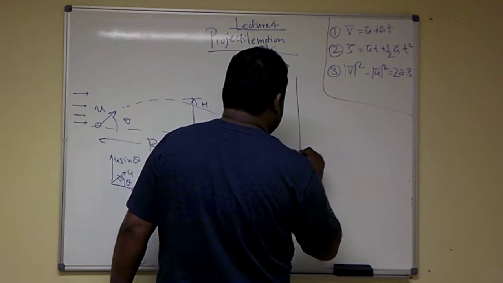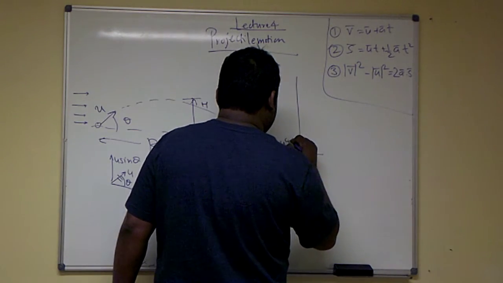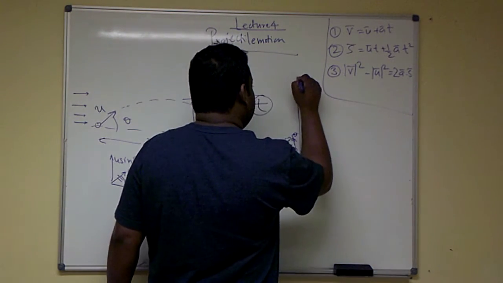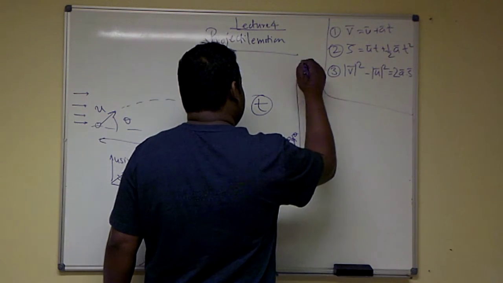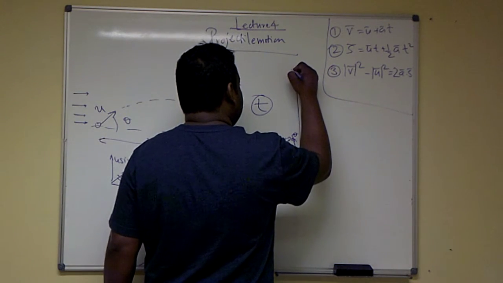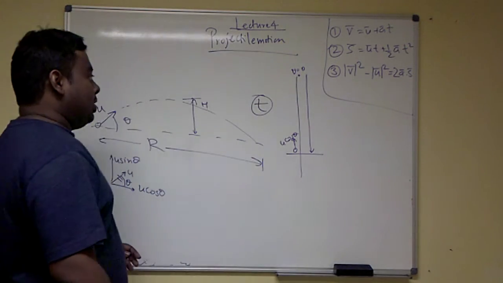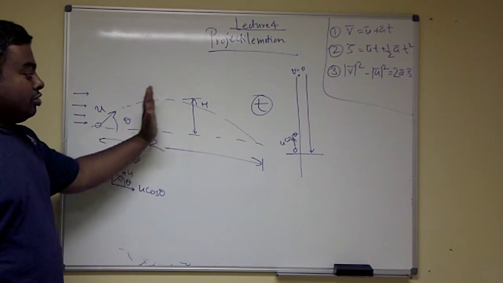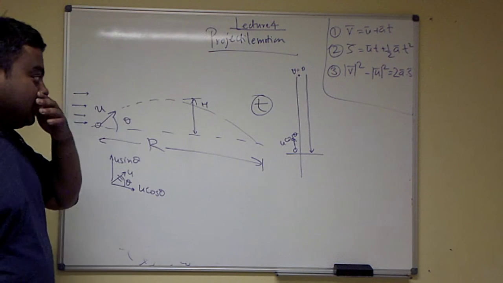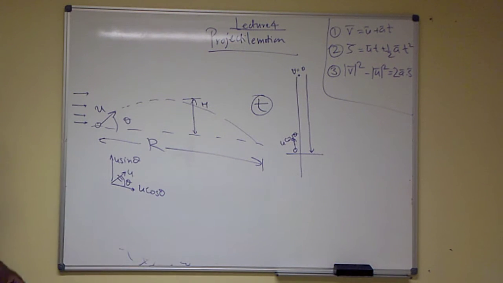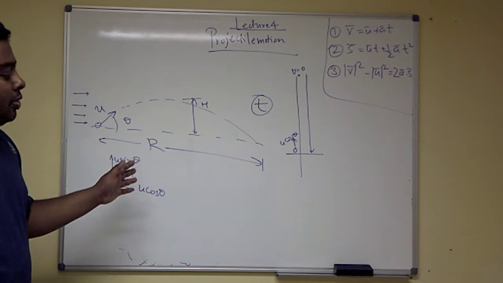Okay, so you will start with the velocity of u cos theta. You will hit here when the velocity will become 0, and then you will come back. So basically the 1D analog of this two-dimensional motion will look like this, right? How to do this? Again, it's kind of simple.